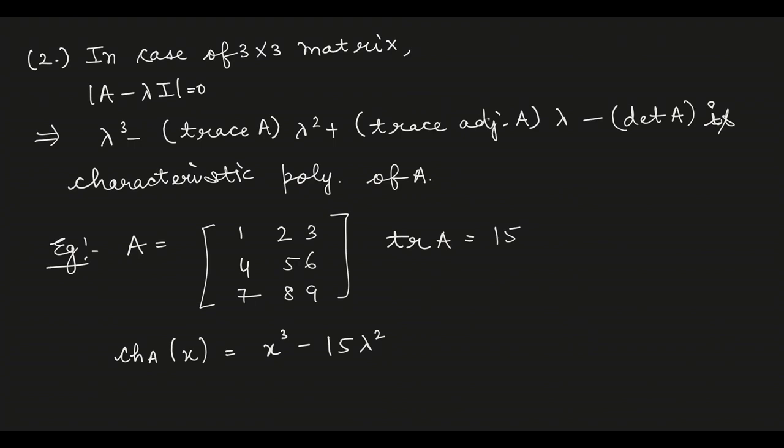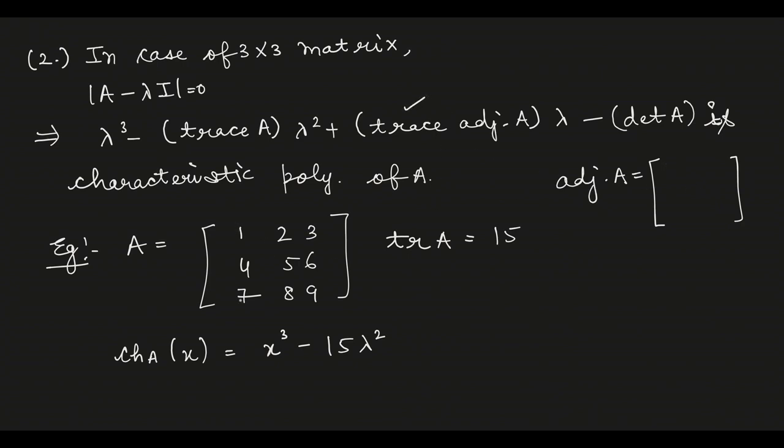Now trace of adjoint A. Simply I need to find diagonal entries only because trace is the sum of diagonal entries.